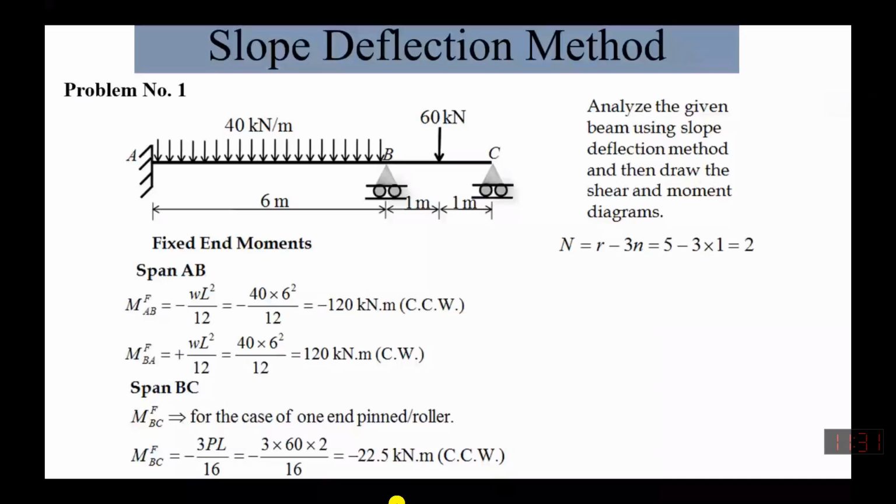So if I redraw this span, this is a UDL. The formula sheet given to us gives us these two moments, something like this. This is given as WL square by 12, and this one is also WL square by 12.